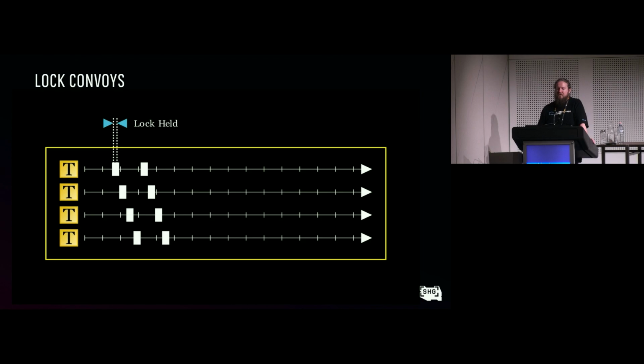Lock convoys occur when multiple threads are all contending for the same lock, but the time both inside and outside of the lock is less than the time consumed by the scheduling around the lock itself when it is under high contention. This is because when a thread could not get a lock, it will tell the operating system that it is waiting to be woken up by another thread.